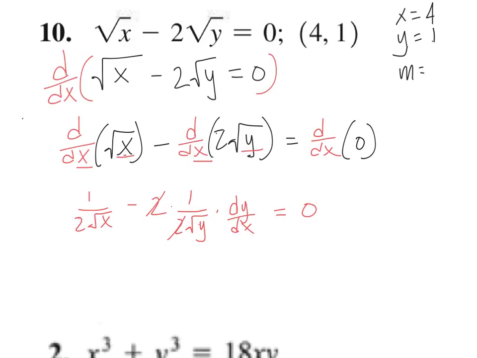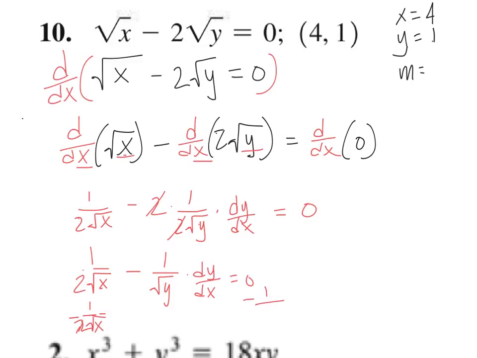Let me rewrite this as 1 over 2 times the square root of x minus 1 over the square root of y times dy dx, and that's equal to 0. Now I'm going to subtract 1 over 2 times the square root of x from both sides.